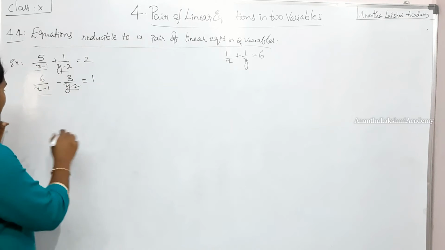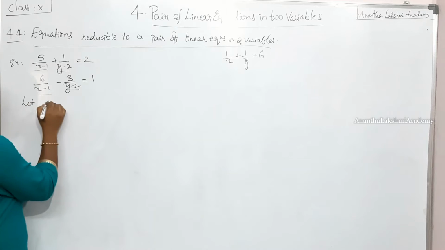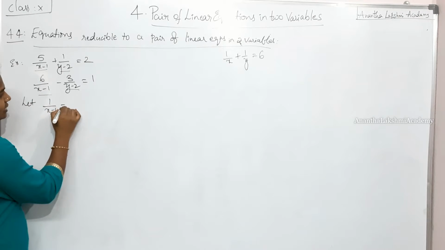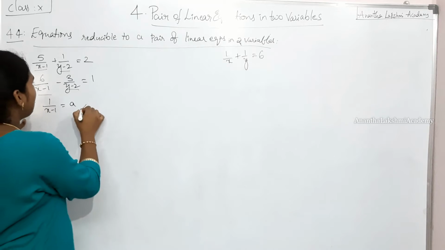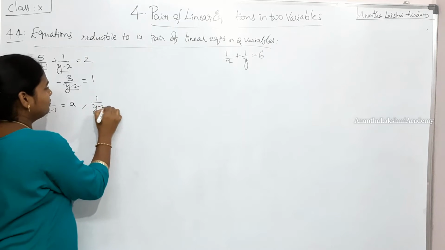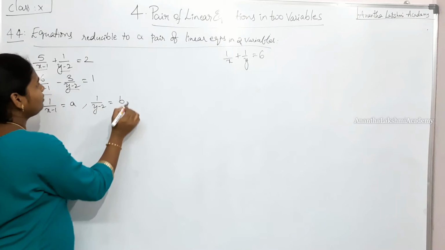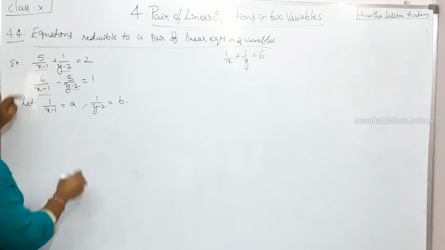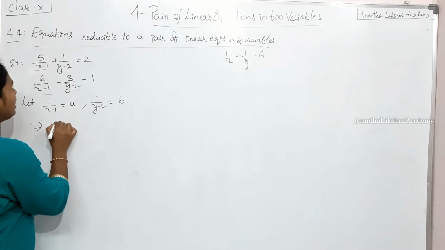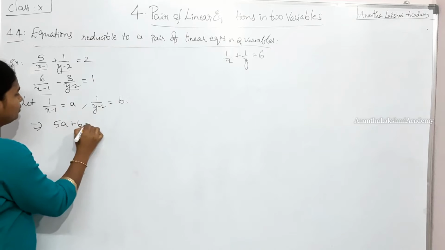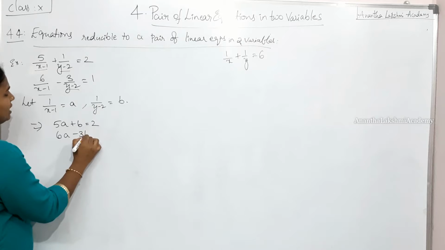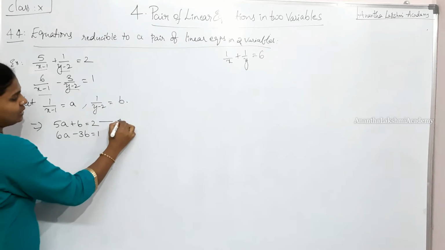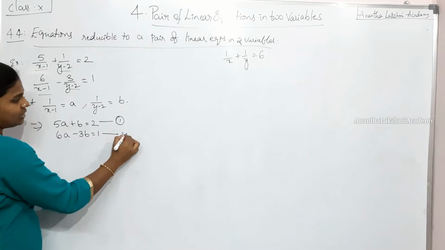If yes, let us assume 1 by x minus 1 is equal to a, and 1 by y minus 2 is equal to b. Now the equations become 5a plus b is equal to 2 and 6a minus 3b is equal to 1. Let us call these equation 1 and equation 2.